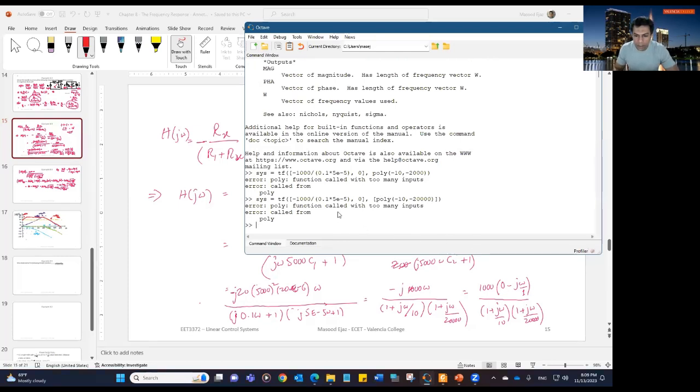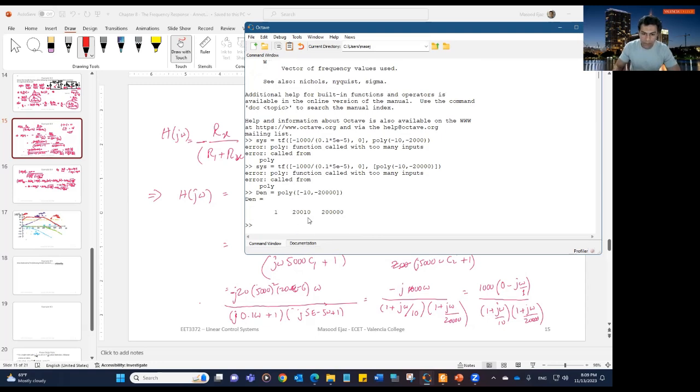All right, so the denominator. Let me see. See what this is going to give me. So make a polynomial from these two roots. Oh, you have to put the roots in square brackets, that's why. Yeah, you have to put the roots in square brackets.